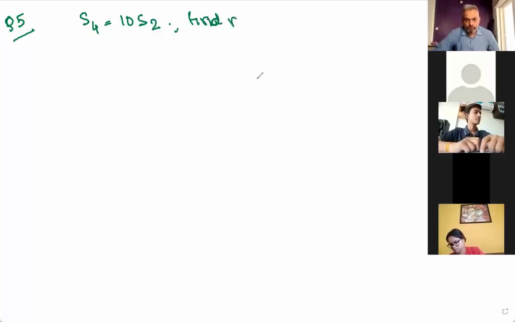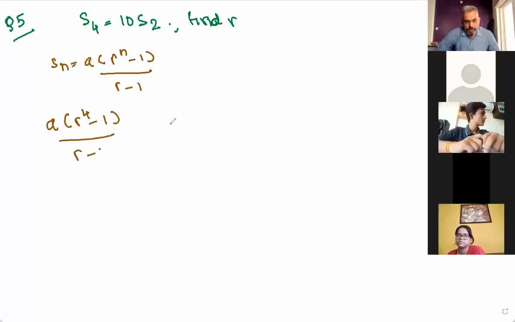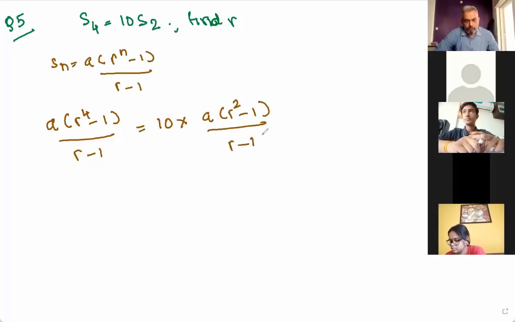Now it's very simple to do such sums. Don't worry. Now let's first write Sn is equal to A into R raised to n minus 1 upon R minus 1. So S4 is equal to A into R raised to 4 minus 1 upon R minus 1, which is equal to 10 into S2, so A into R raised to 2 minus 1 upon R minus 1.